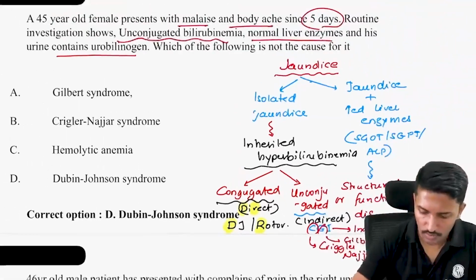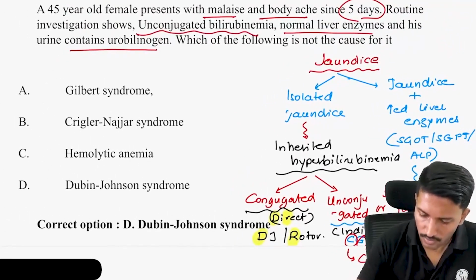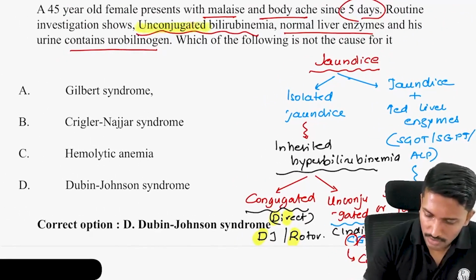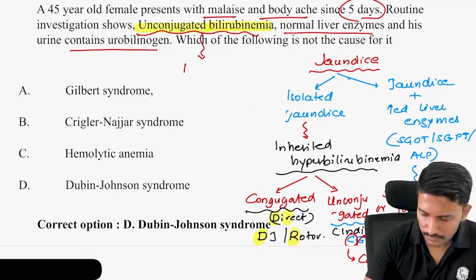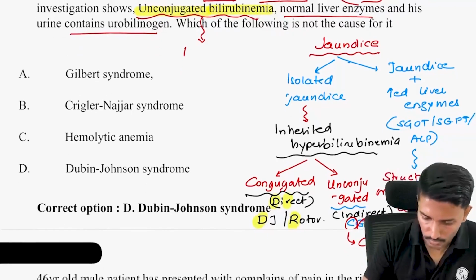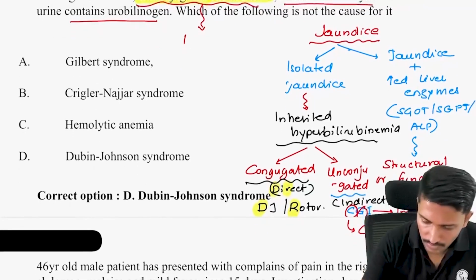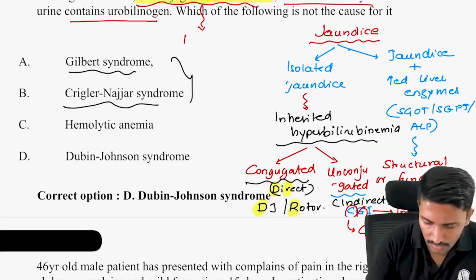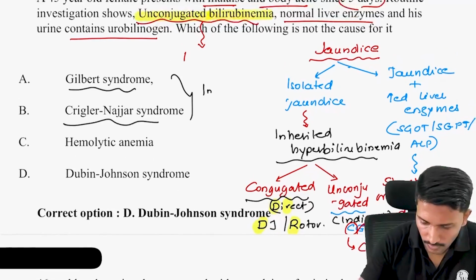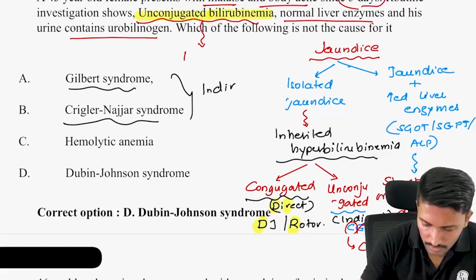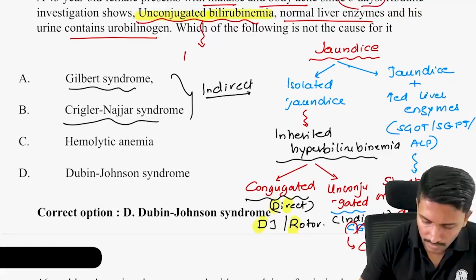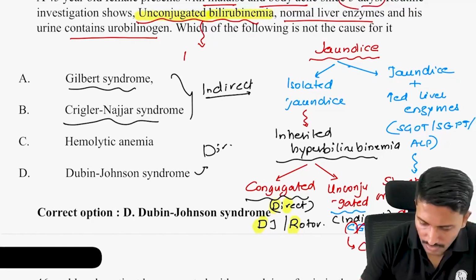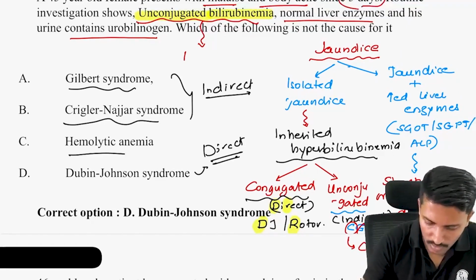Right. So now in this case, what they have mentioned is the patient has got unconjugated bilirubinemia. Unconjugated means indirect. So in that case, what becomes my answer? Gilbert and Crigler-Najjar are indirect hyperbilirubinemia, and Dubin-Johnson syndrome is direct hyperbilirubinemia, right?